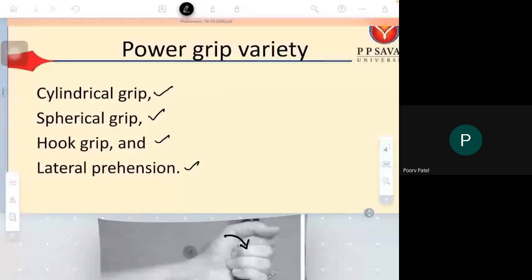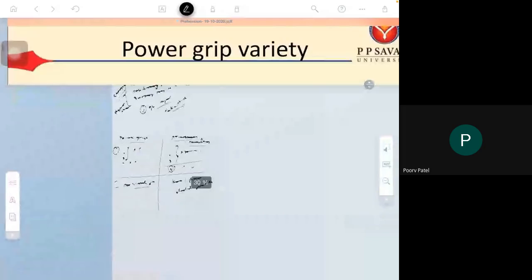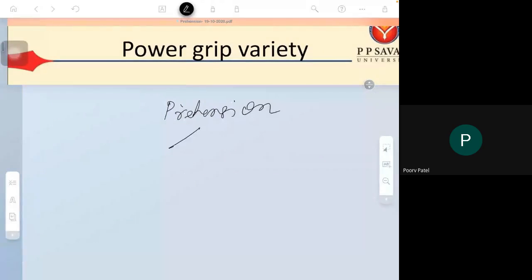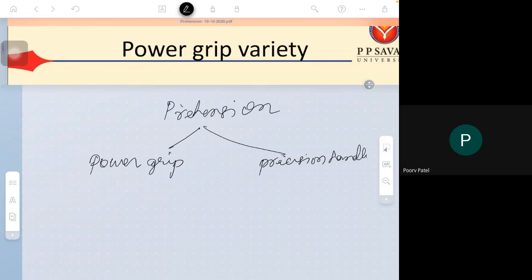Here, you should not confuse. Again, I will make it clear. Prehension: power grip, precision handling.